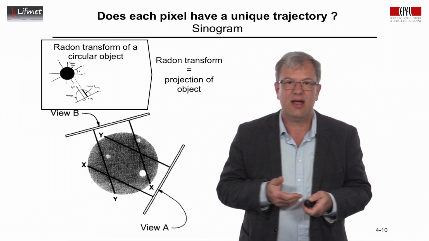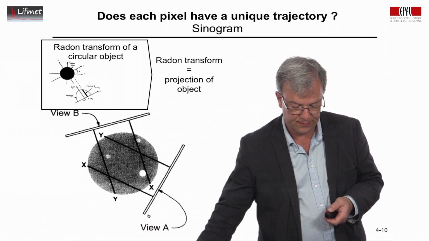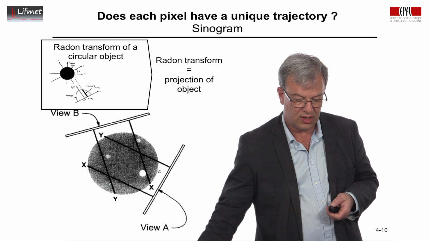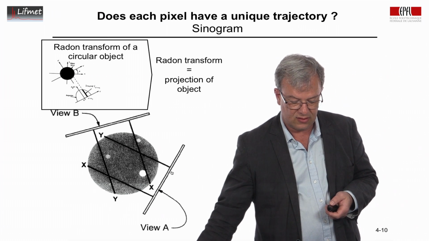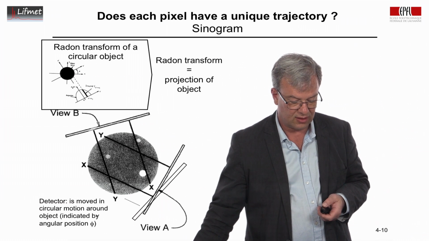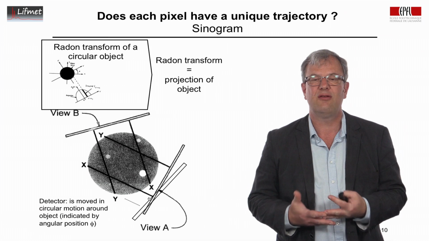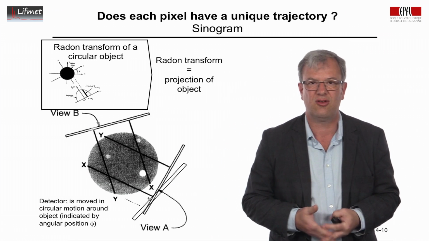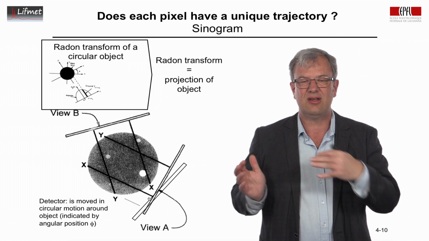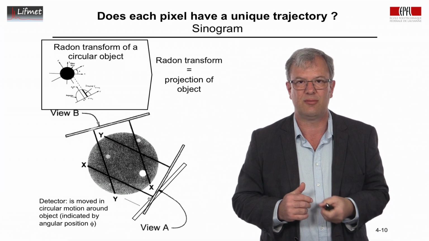And we're going to look here at the detector. Here is a detector. Here's our object. It's got 3 holes in it. Here's the detector, and we're going to move this detector around the object. This is what we have seen in the first video of this week's lectures: there's something rotating inside the scanner, and this is the detector being rotated around the subject.